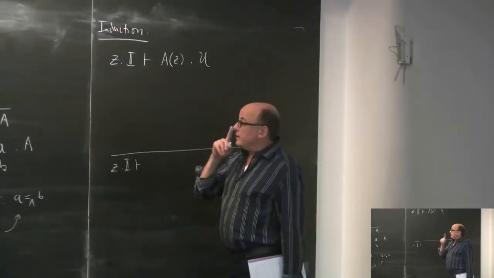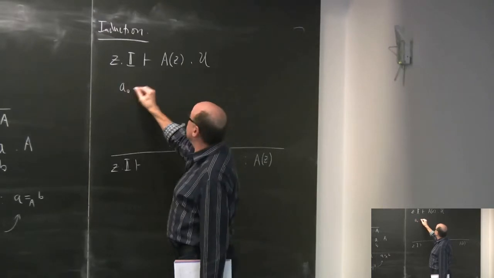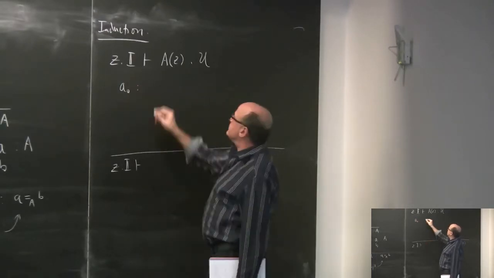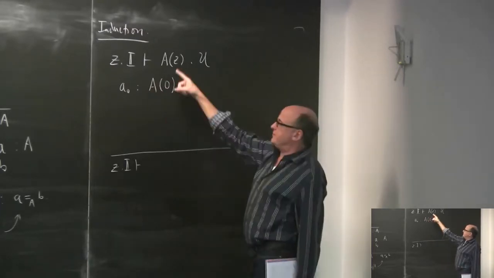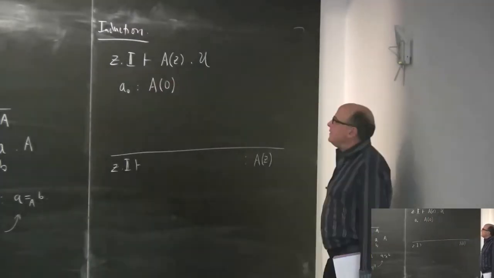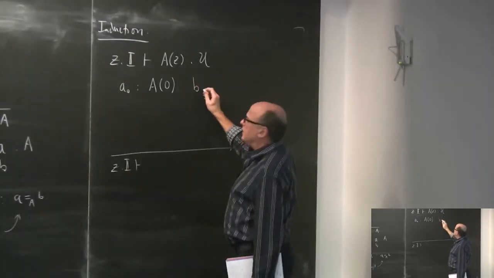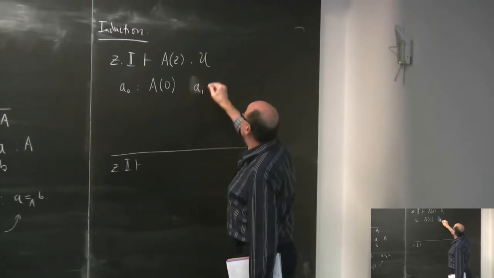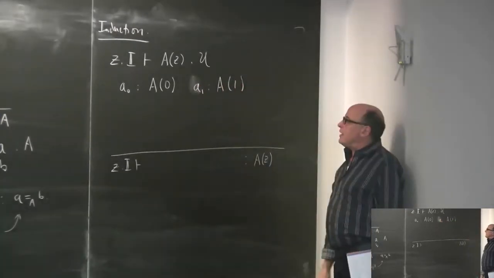Well, I noticed in my notes I use a slightly different notation. Suppose you have A0, which is a proof that A holds of 0. That means plug in 0 for Z. And I have A1, as I should call it to make the notation look good, which is a proof that it holds for 1.